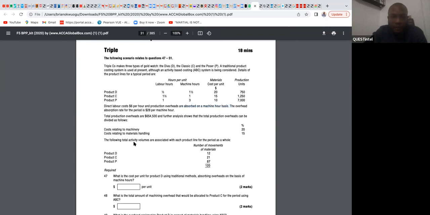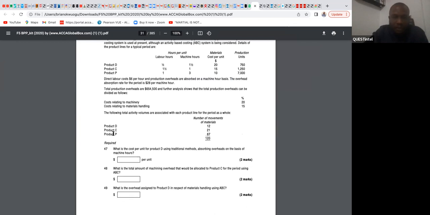Now the following total activity volumes are associated with each product line for the period as a whole. Now we have product D, product C, and product P, and number of movements of material. So this is the cost driver, number of movements of material relating to material handling.